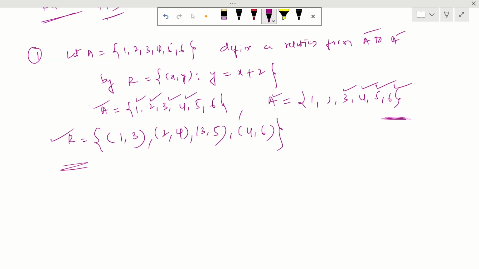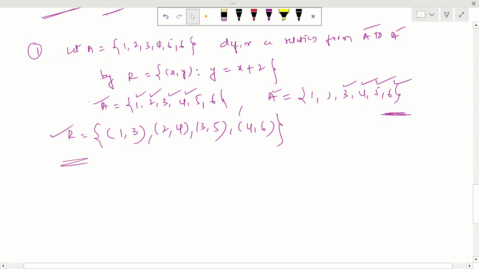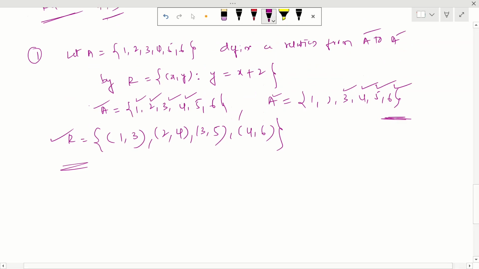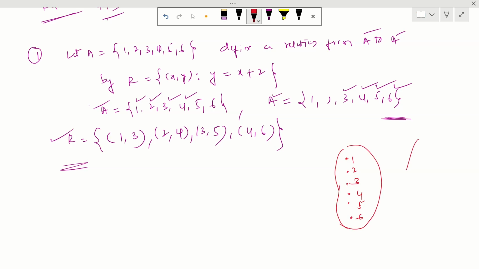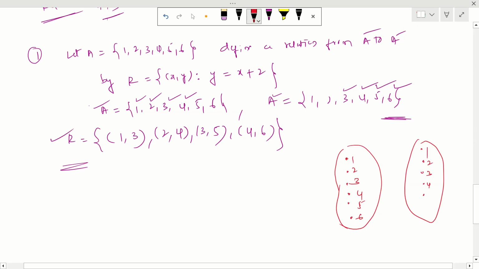And suppose in your examination it is asked, write this relation in an arrow diagram. So arrow diagram means what? The first set we have to write as 1 2 3 4 5 and 6. The other set is also the same, so I'm writing 1 2 3 4 5 and 6.